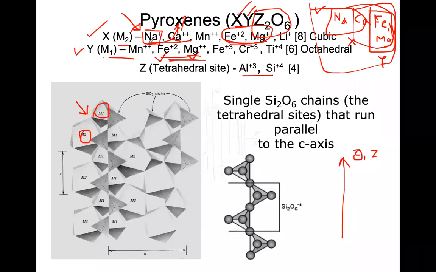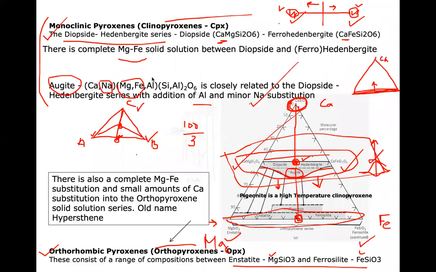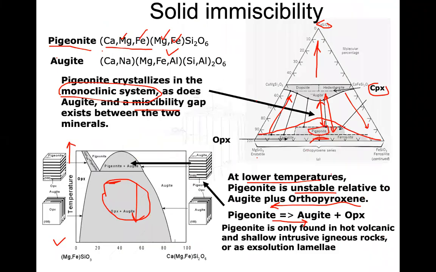It needs some special physical conditions, I said. So what physical conditions do you expect? Pressure and temperature. Under high pressure conditions, sodium can be preferentially incorporated into the pyroxene site.